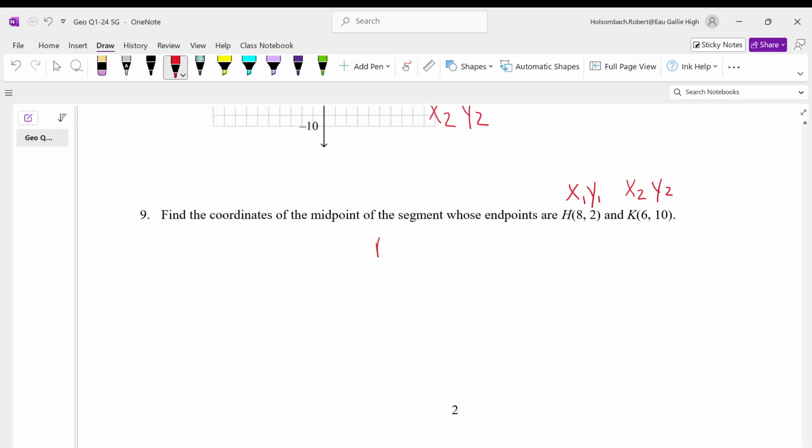So our midpoint is equal to 8 plus 6 divided by 2, 2 plus 10 divided by 2. 8 plus 6 is 14, divided by 2 is 7. 2 plus 10 is 12, divided by 2 is 6. So our midpoint is at 7, 6.